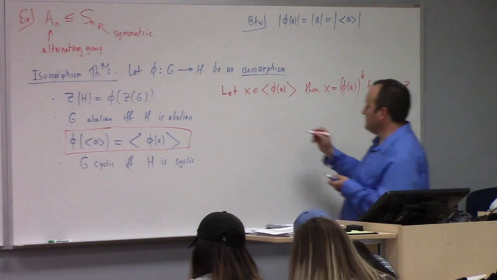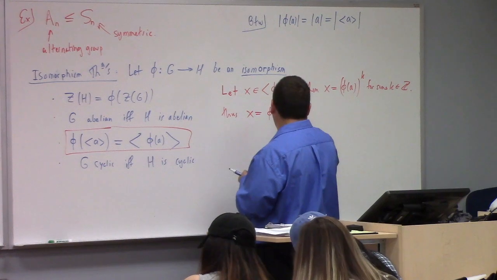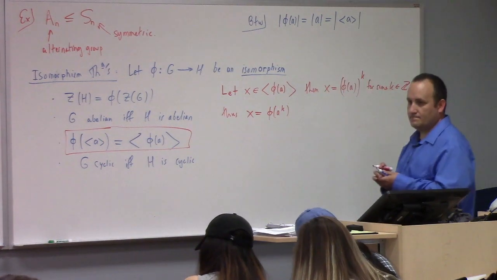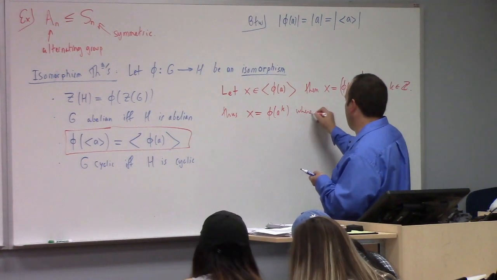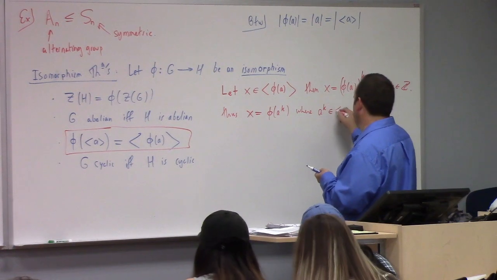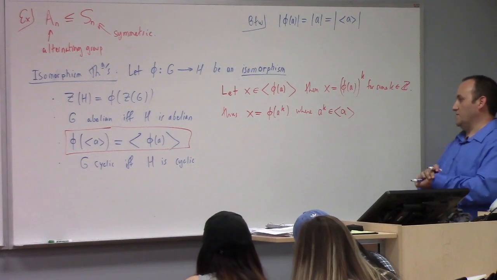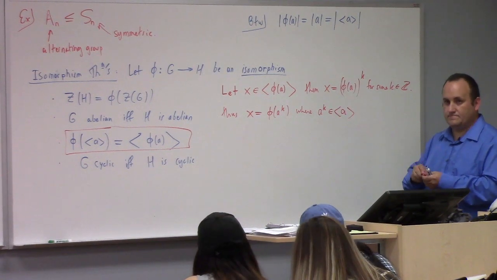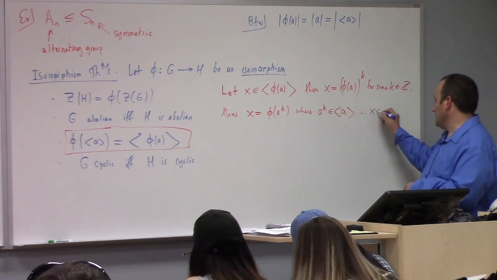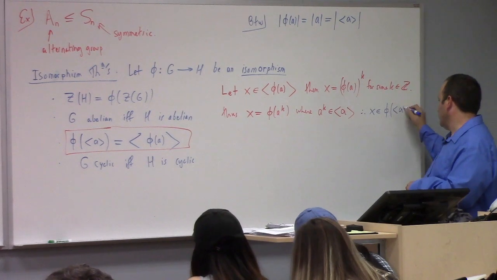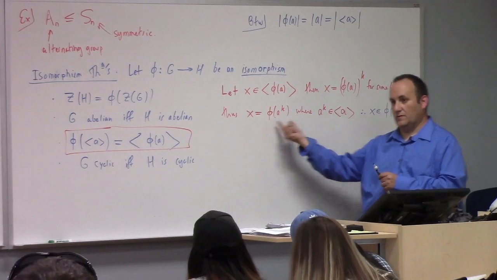Then what? Thus, X is equal to phi of A to the k, where A to the k, of course, is an element of the cyclic subgroup generated by A. And that, what's that show? That shows that X is an element of phi of the image of this, because this equation right here shows that X is mapped to by something in here.